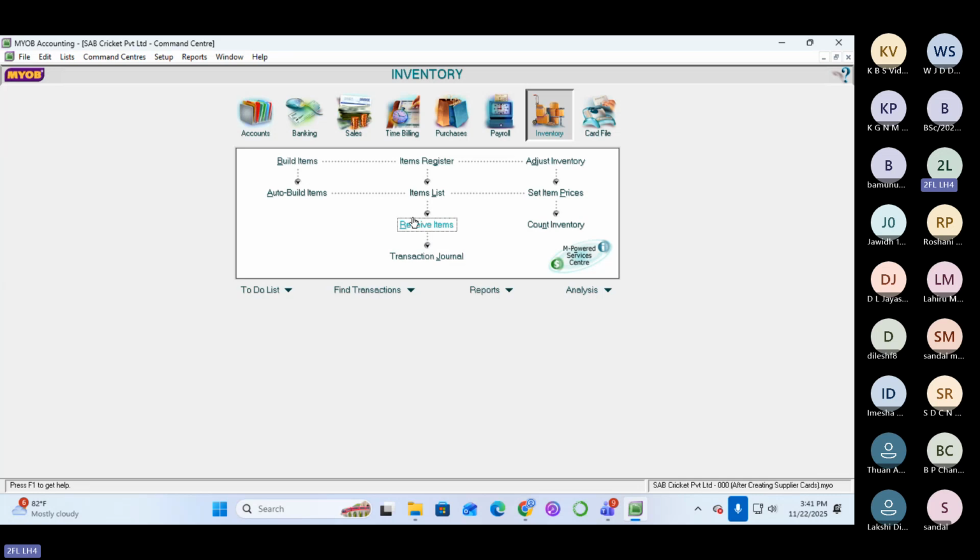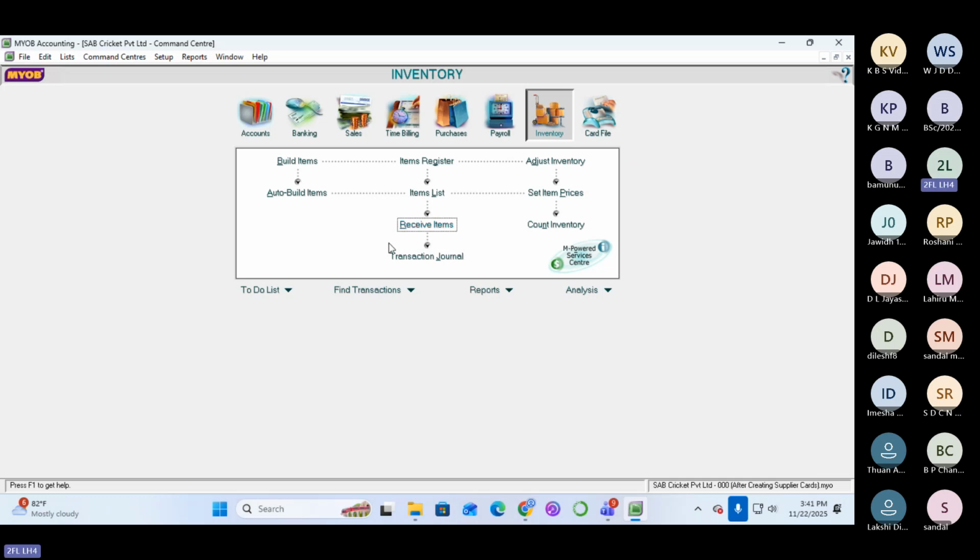When you are receiving items, you don't have to go through the billing and all those functions. You can directly click on it and go to the same form. So these are things you can do when you finish creating this items list. That is the understanding you have to have before starting.